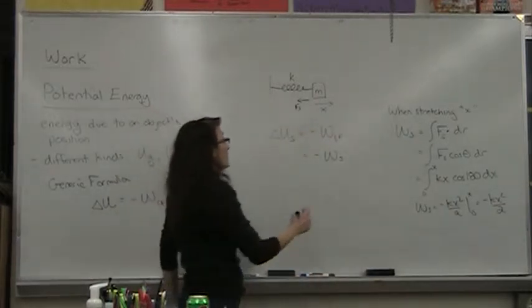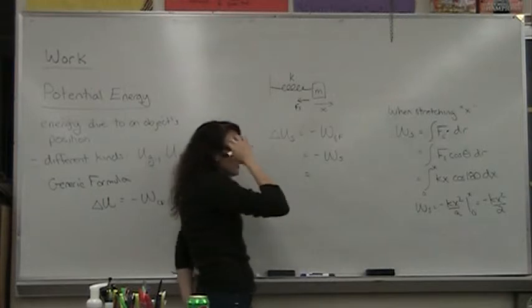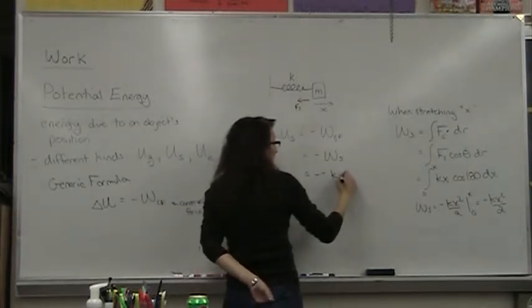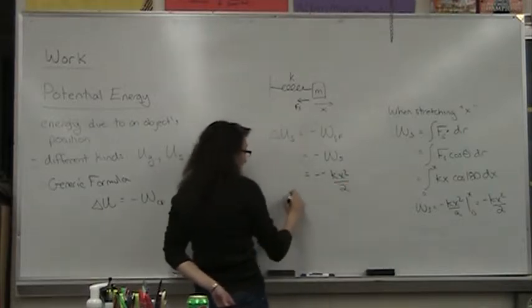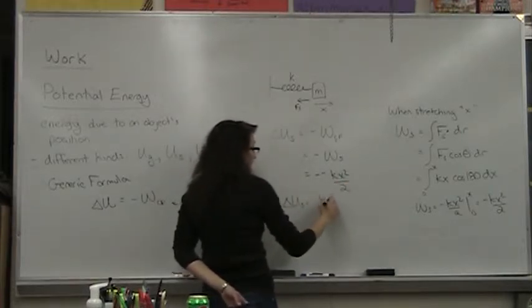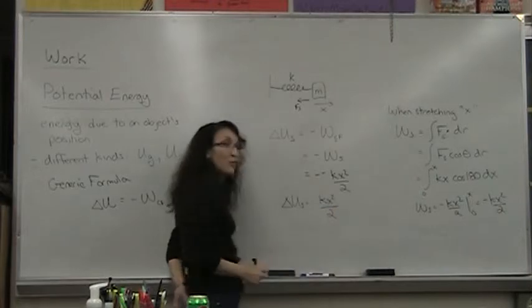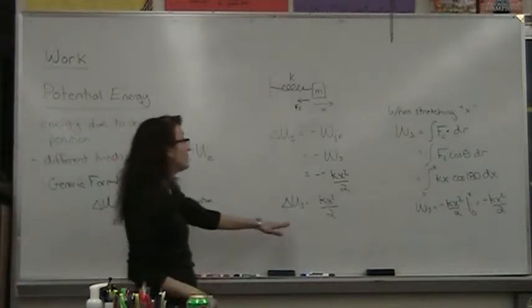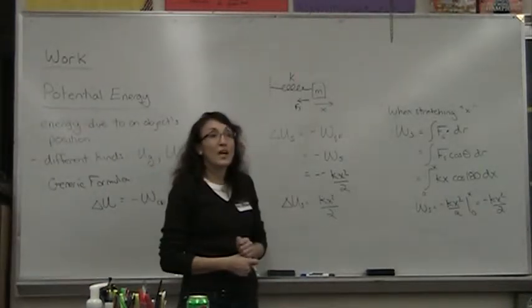Well, now if I wanted to figure out the potential energy associated with that spring, it's the negative of that, so kx squared over 2. And what do I get for the spring potential energy? What we circled before, kx squared over 2. Because the work that the spring does is the potential energy that it has.